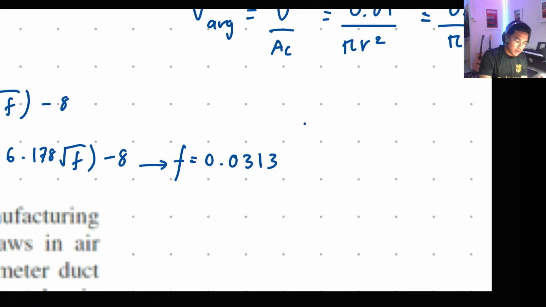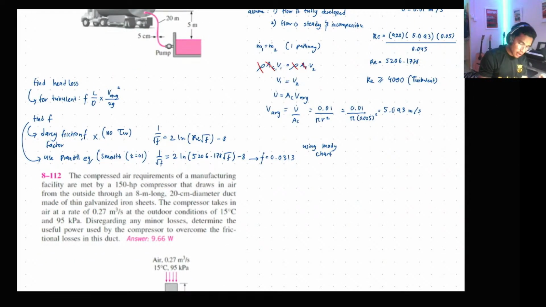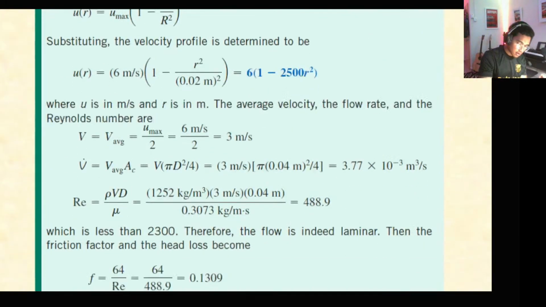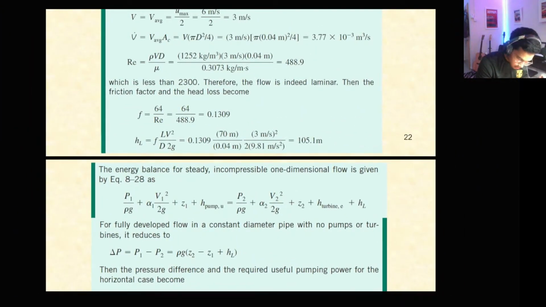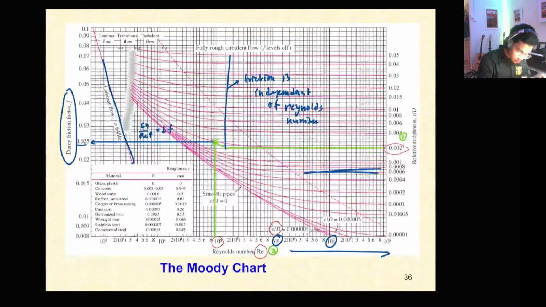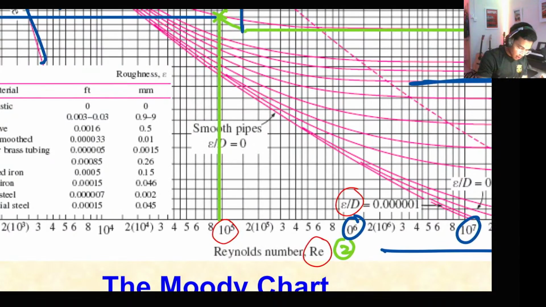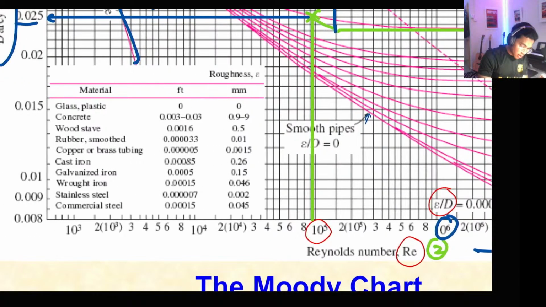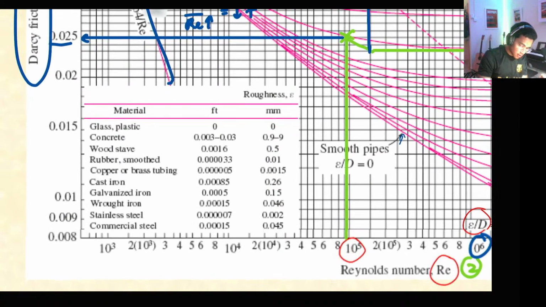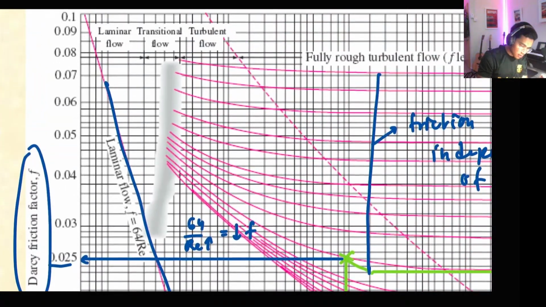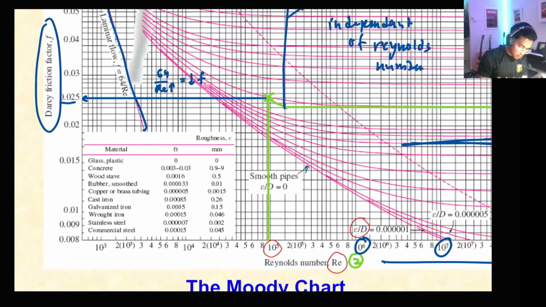The second solution is using the Moody chart. So let's see the Moody chart. Where is the Moody chart? Okay, so we have epsilon equal to 0, smooth pipe. Smooth pipe is here. And our Reynolds number is 5,000, here.